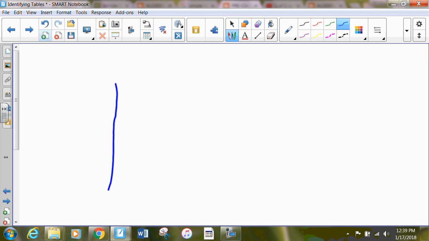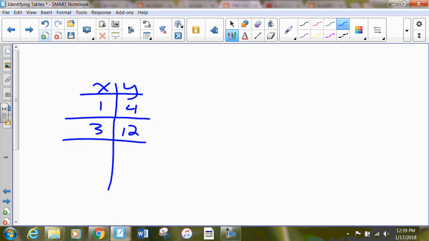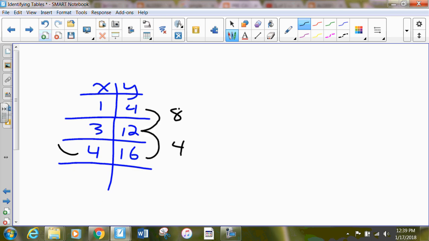Let's say we saw a table like this, and we wanted to know the slope. We always did the hoops to find the slope. Remember, we'd say 16 minus 12 is 4, 12 minus 4 is 8, and then on this side, 4 minus 3 is 1, and 3 minus 1 is 2.